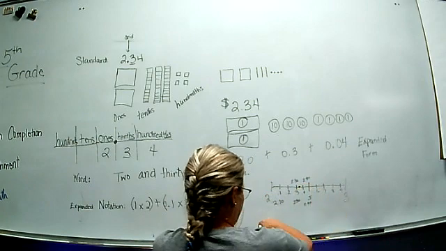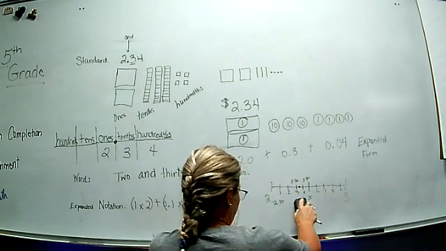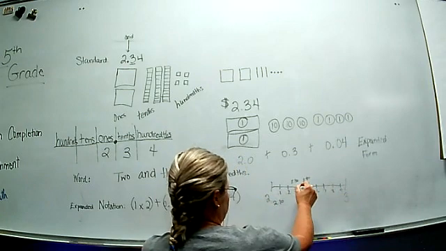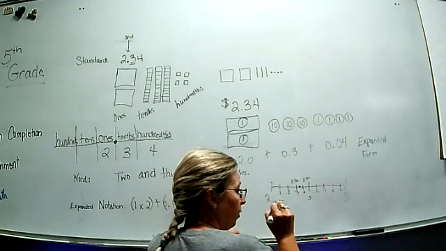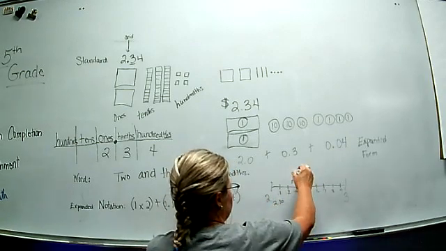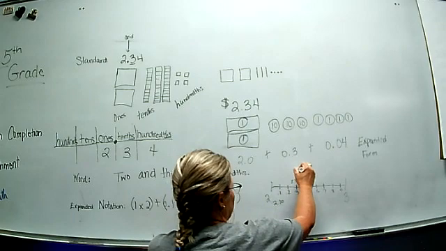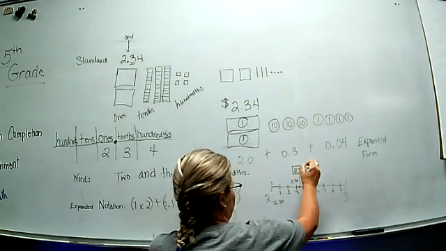So when we ask the child to plot the number on the number line, we're just simply telling them to find where it would be located on the number line, put a point on that number line to represent it, and then label it as the decimal that they are working with.